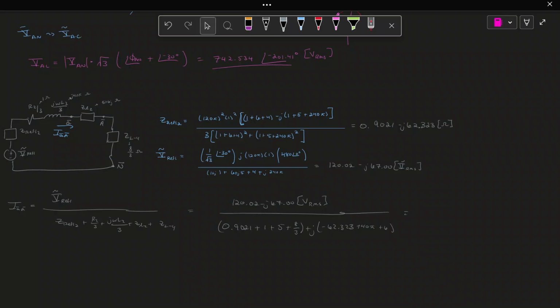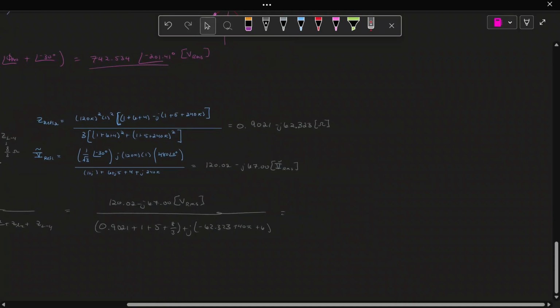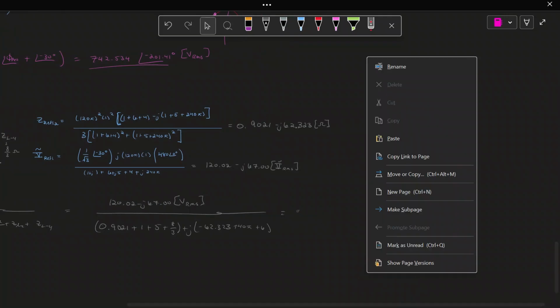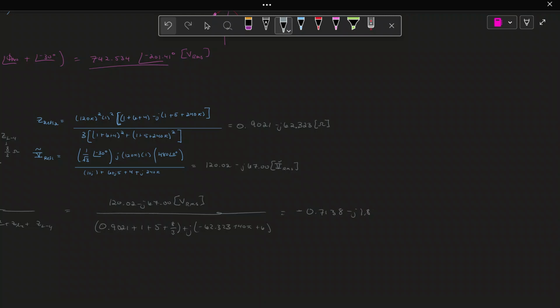Again, make sure for these you do them all in degrees or all in radians. Make sure you don't change up in the middle somewhere. This is equal to minus 0.7138 minus j1.8294. This is amps RMS.